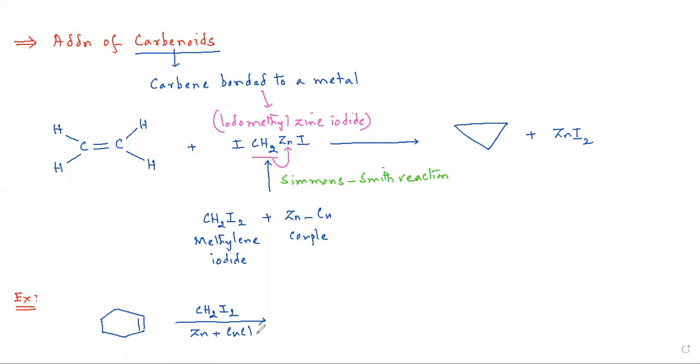See, when cyclohexene is treated with, say, iodomethyl zinc iodide, we get this. Just add a CH2 across the multiple bond. Simple.